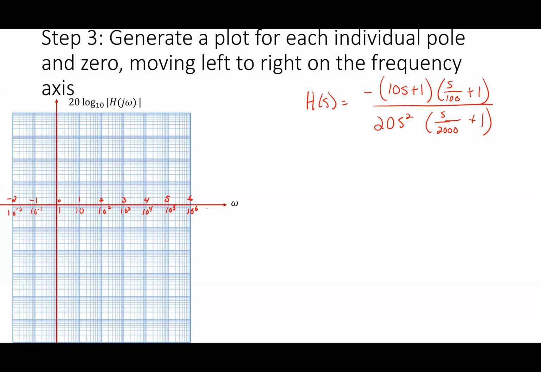Now, going up and down the y-axis, I got 0, 20, 40, 60, 80. Going down, I got -20, -40, -60, -80, -100. Okay, so I got my axes all labeled up. Who should I start with?